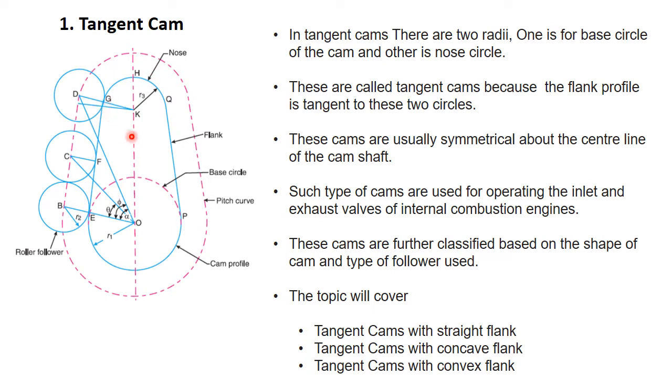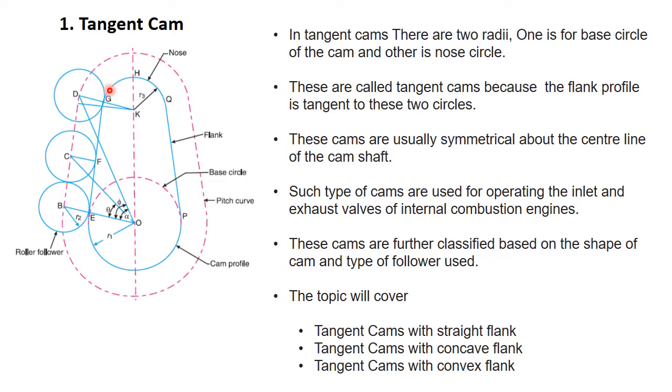And if we complete this circle, then we can say that there are two circles in this cam, and the profile is generated by the lines which are tangent to these two circles, that is the base circle and the nose circle. So this type of cam is called a tangent cam.